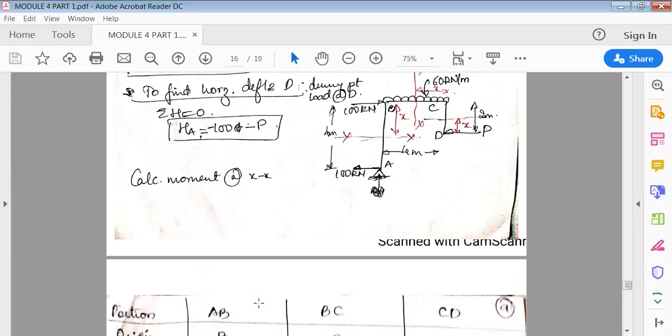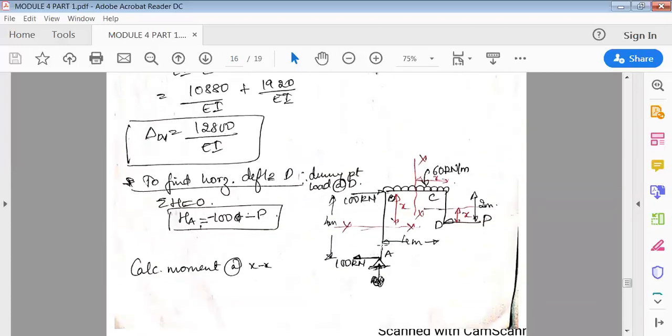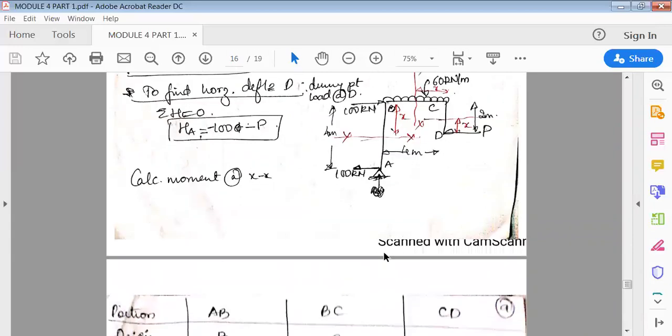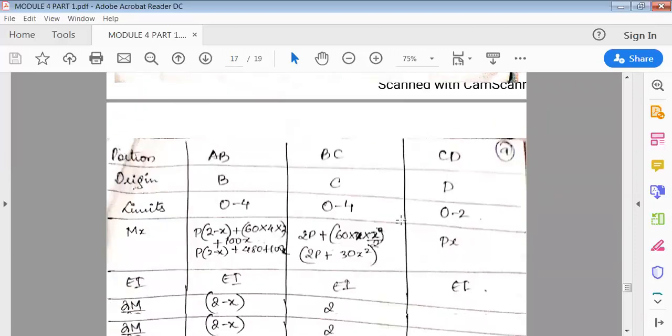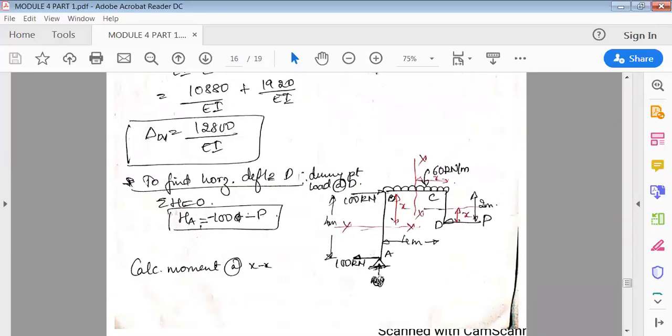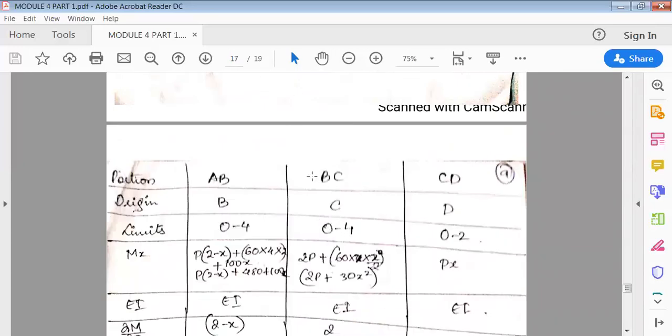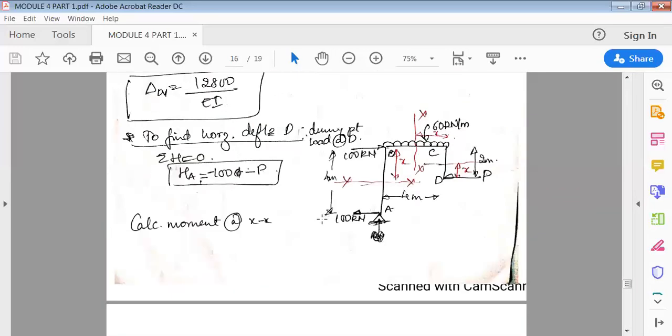Portions AB, BC, CD remain the same. The points, origins B, C and D remain the same. Limits are 0 to 4, 0 to 4, 0 to 2. The only thing that changes here is the moment. First I've cut this section here. P, again I'm looking to the right side because P is lying on the right side of the section of AB.